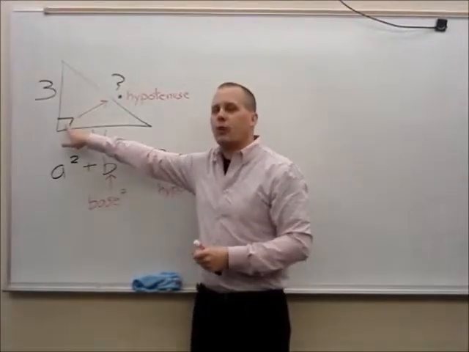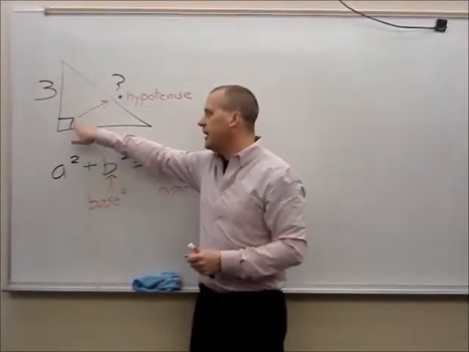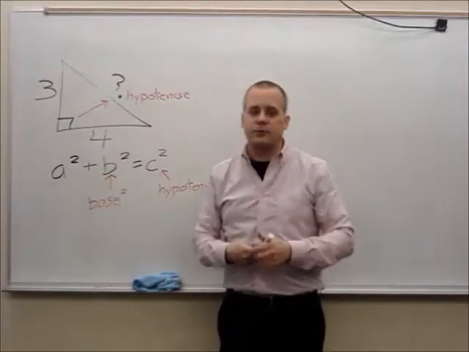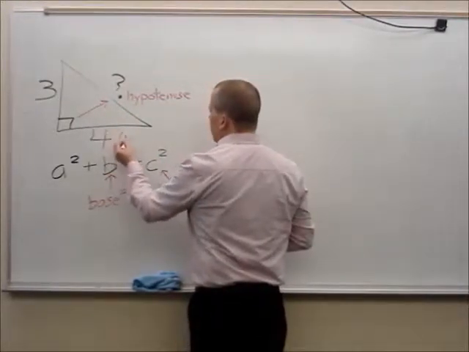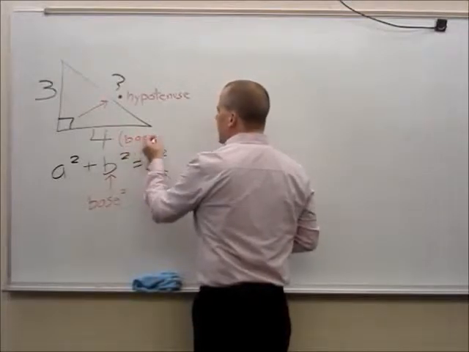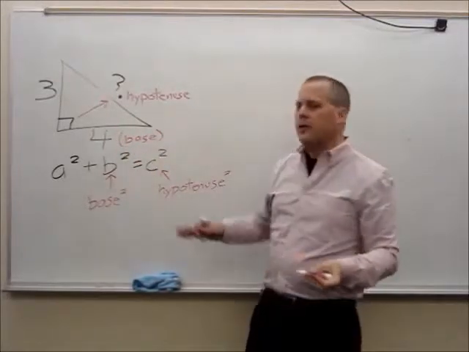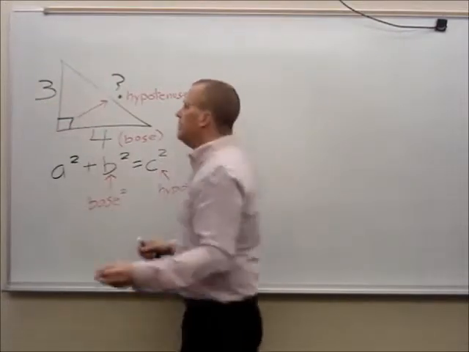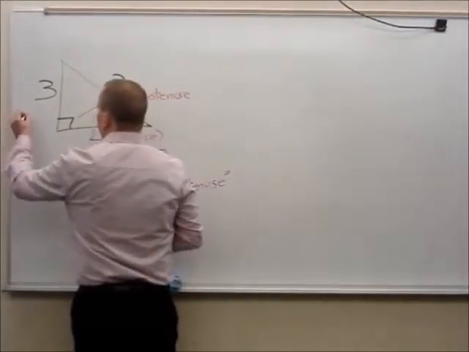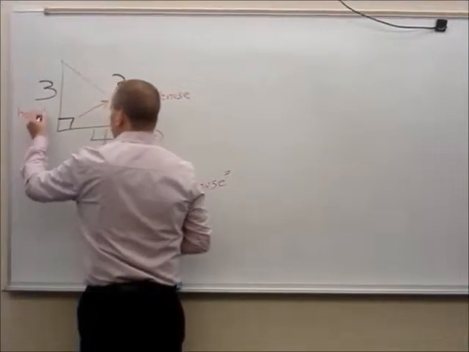But if I know where the right angle is, the right angle will always point to the hypotenuse. So I know where the hypotenuse is, and I know where the base is, and the last part of the triangle is basically this part right here where the 3 is, and that would be my height. It would be the height of my triangle.